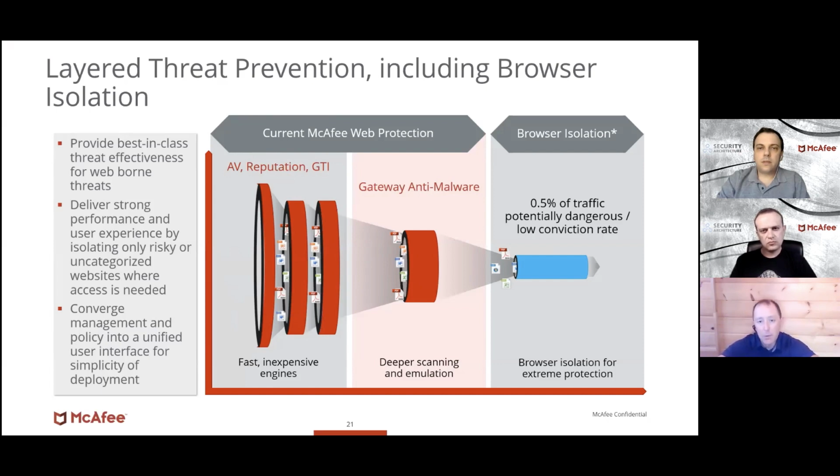We could deem that it's acceptable and push all of the access through the multiple layers that you see here and ultimately isolate it as part of RBI. That's really more of a decision point that an organization has to make based on its risk tolerance.